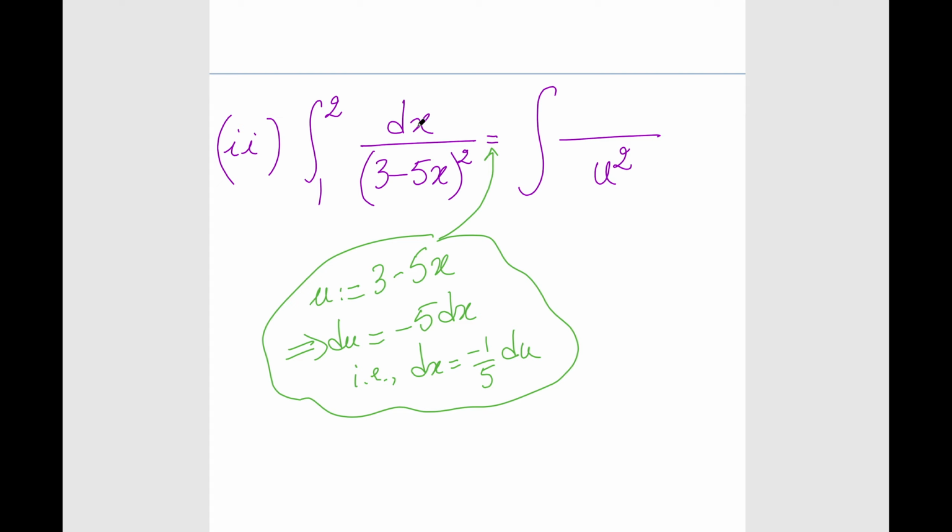Now dx upstairs, what's dx in terms of u and du? Well, dx is minus 1/5 du. Why? Because minus 5 dx is du. So dx is minus 1/5 du, right? Correct? Now the bounds. Who sits here and who sits here?